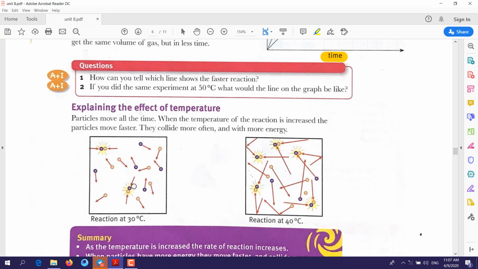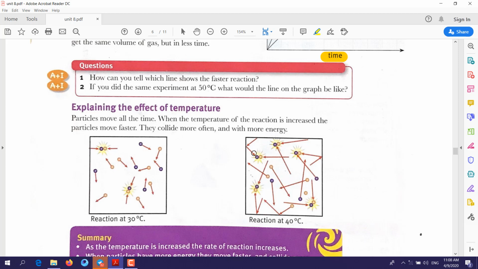If these particles have more temperature, more energy, that means they will start moving faster. When these particles move faster, they will collide with each other more often. So what will happen? There will be more collisions.